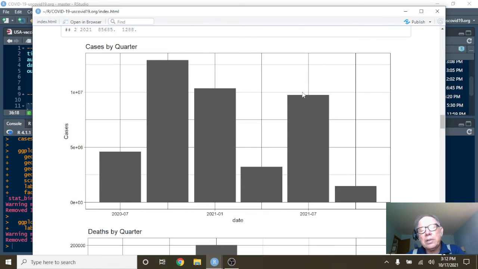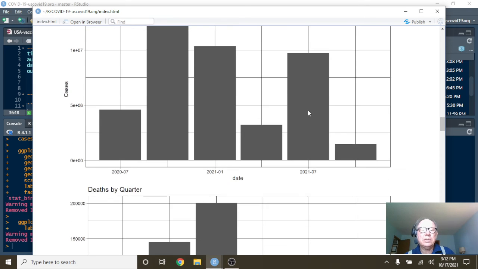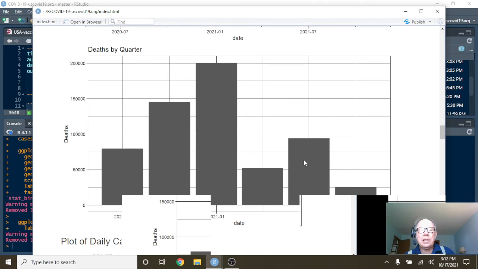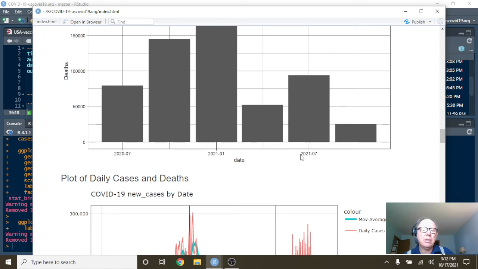Now these are the cases by quarter for the last six quarters, starting with the fourth quarter of 2020. You can see that the third quarter of 2021 was the third highest quarter so far for cases. And the same thing with deaths, unfortunately. The third quarter of 2021 was the third highest for deaths of any quarter so far.